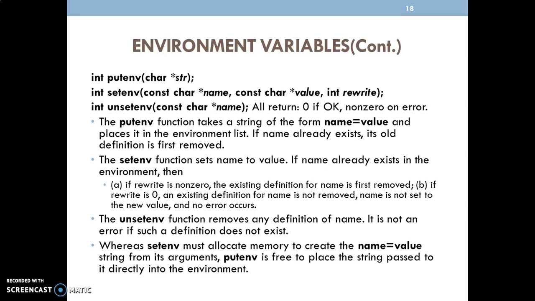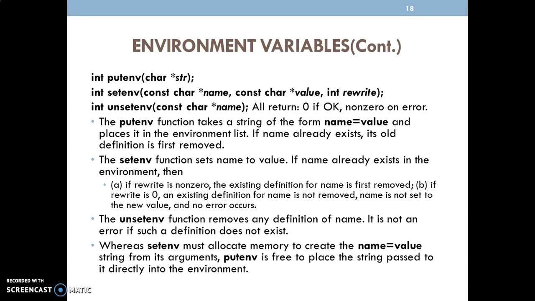One more is unsetenv. This function removes any definition of the name. It is not an error if such a definition does not exist. That means it will remove any environment variable of the form name equal to value from the environment list. Whereas setenv must allocate memory to create the name equal to value string, putenv is free to place the string passed to it directly into the environment.